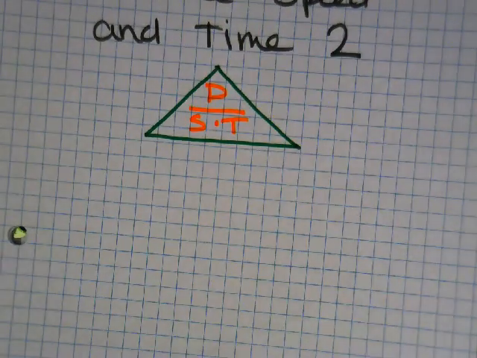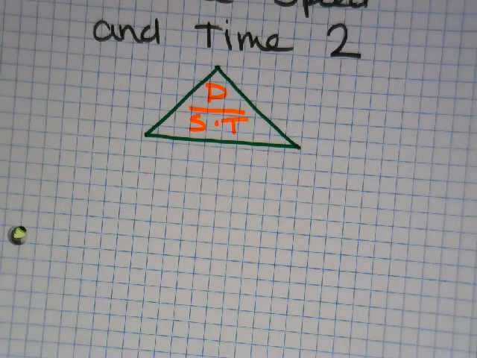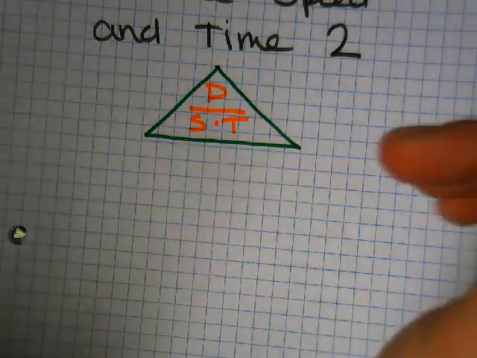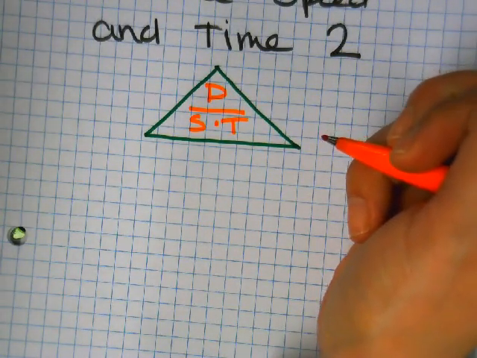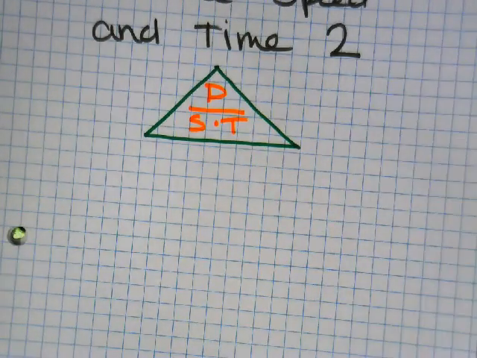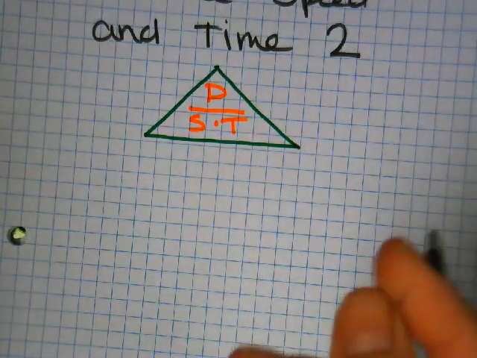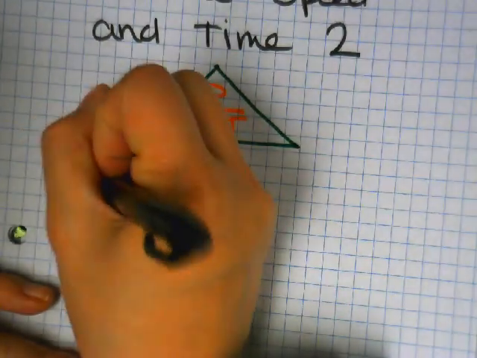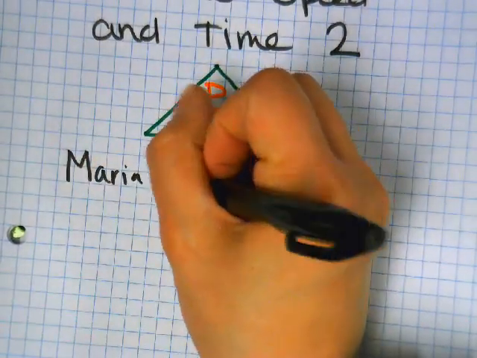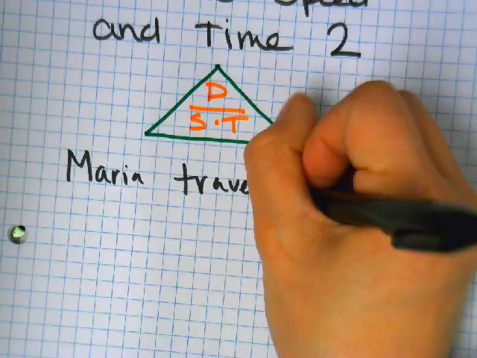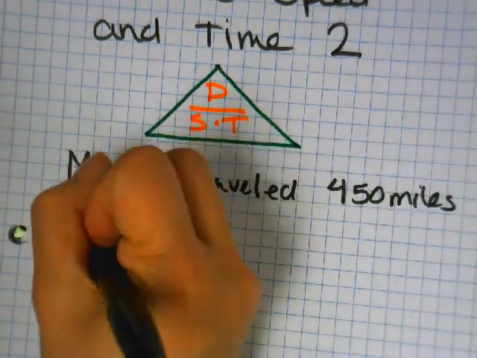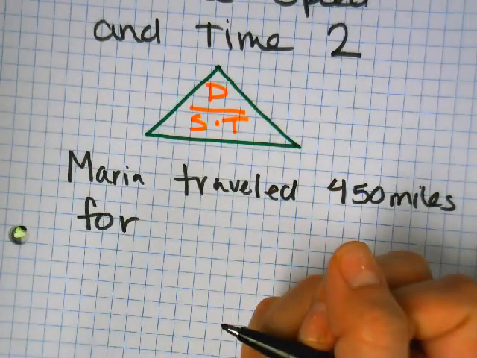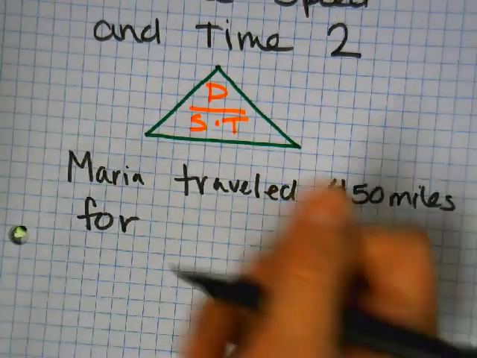All right. So, let's see. Let's say Maria traveled 450 miles for 10 hours.